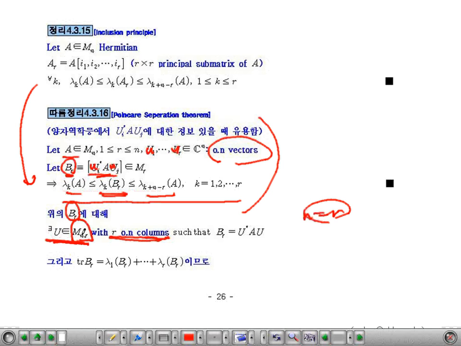There's a matrix U with n by R orthonormal columns such that B_R is U star A U. These are all the consequences of the information that we found. So when they started this research, many papers came out from these areas over the years.